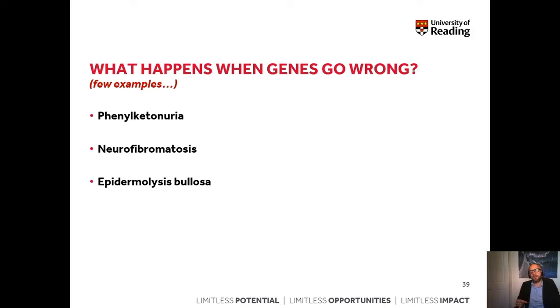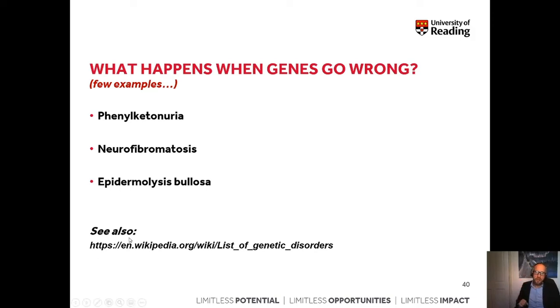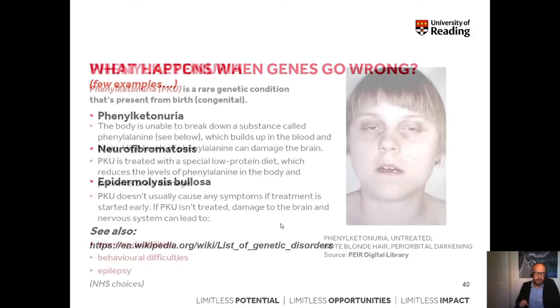We have disorders like epidermolysis bullosa, and that's a disease of the skin where affected children develop chronic injuries, chronic inflammation and chronic wounds on their skin. There is actually a quite large number of genetic disorders, and if you're interested in this, I recommend that you have a look at this list of genetic disorders on Wikipedia.